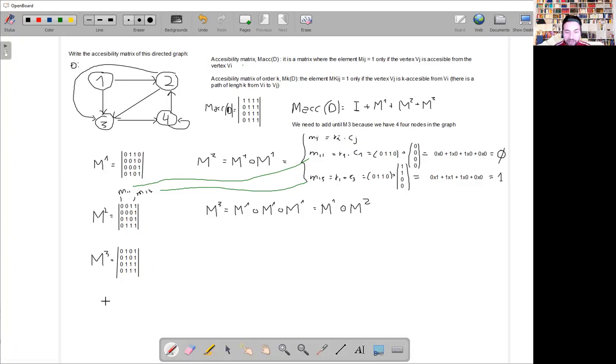Now we need the identity matrix, which is the one that has ones in the diagonal.